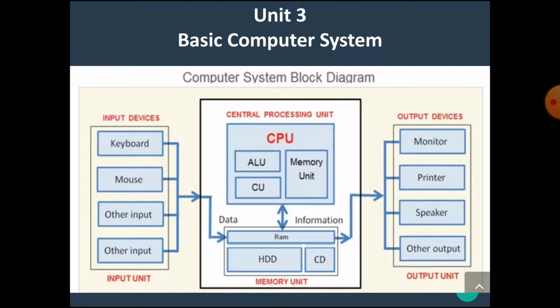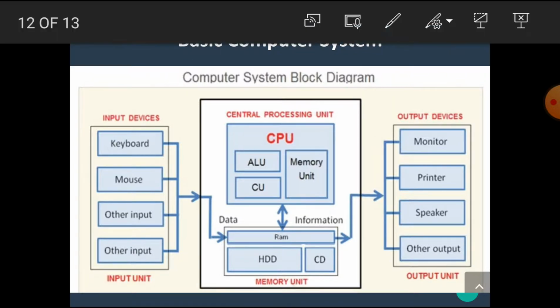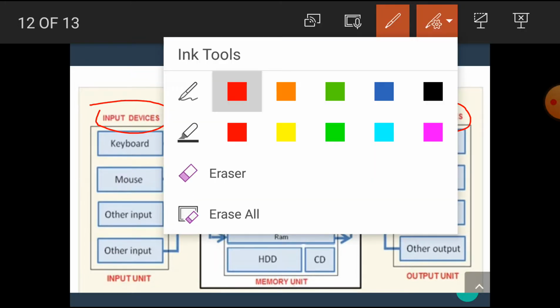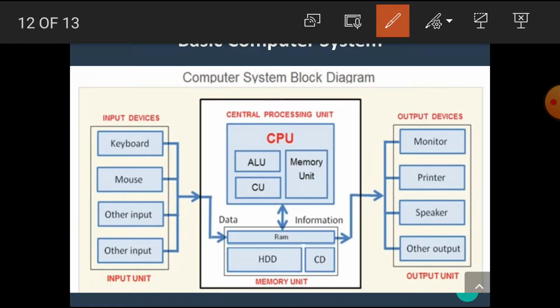Now, let's see the detailed block diagram of the computer system. In this system, we can see that a number of devices or hardware components are connected to make one computer system. Here are the input devices and here are the output devices. The central processing unit contains different blocks. We have already seen all this information. Let's have a quick overview.